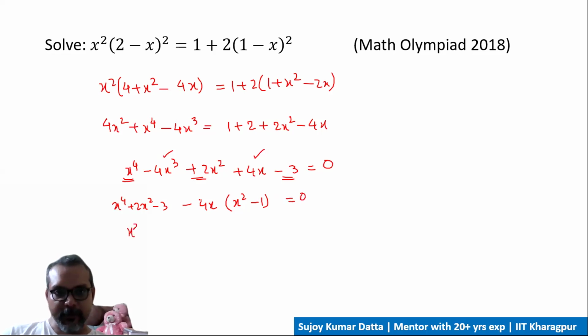This can be factorized as x squared minus 1 times x squared plus 3. That will give us x to the power 4 plus 3x squared minus x squared, 2x squared minus 3. So x squared minus 1 goes common.